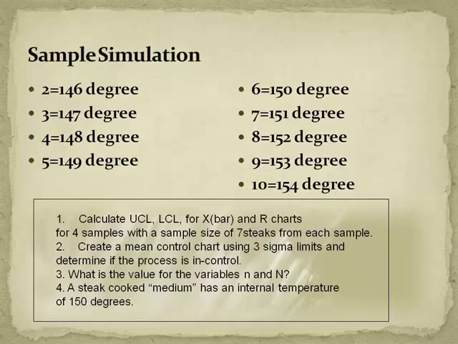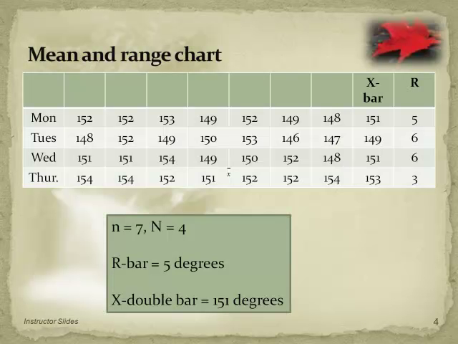I've taken the values of the cards, converted them to the internal temperature, and they are shown in this slide here. For Monday, the average of all the steaks cooked in this sample, the X bar value, is 151, and the range, the difference between the highest and the lowest value, is 5.